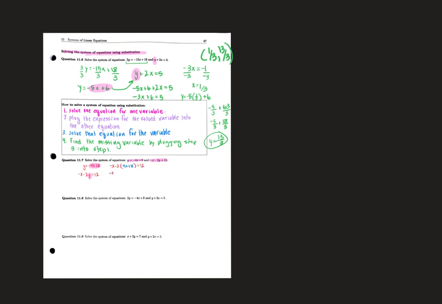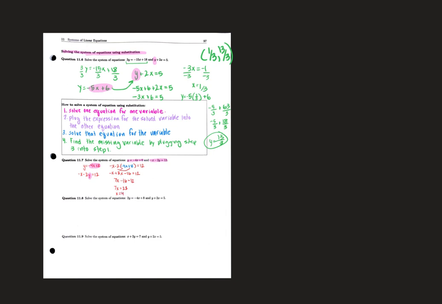So if I distribute that negative 2 through, I'm going to just solve an equation. Negative 12. I add the x's together, and I get 7x equals 28. And if we divide both sides by 7, we get x equals 4.